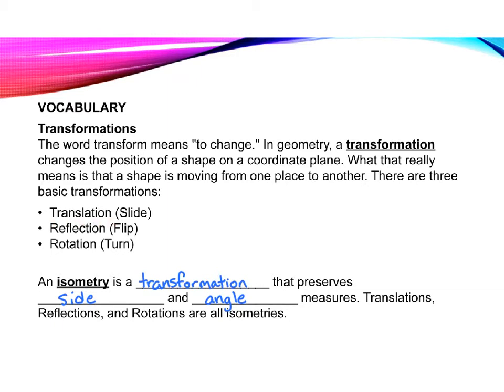A translation, which is sliding it along the graph, up, down, left, right, or some combination of those. And then a reflection, so reflecting across the x-axis, y-axis, or y equals x, y equals negative x, something like that. And then the rotation, so we are turning it around a certain point.